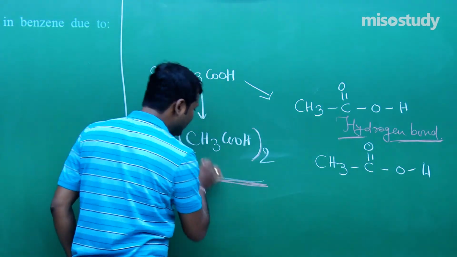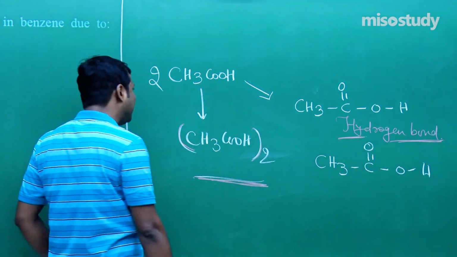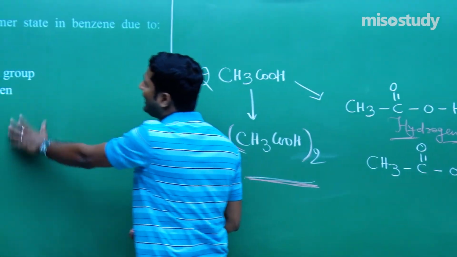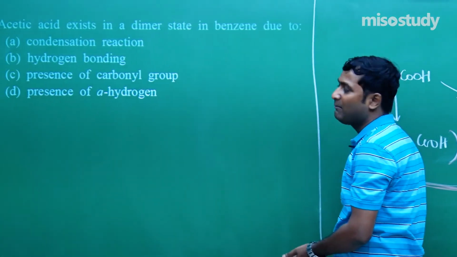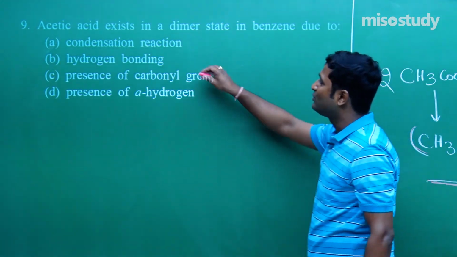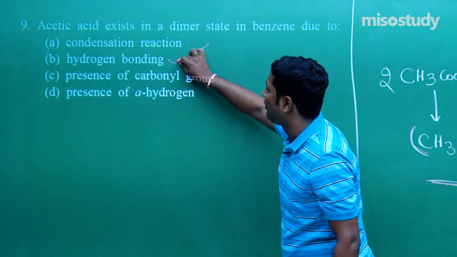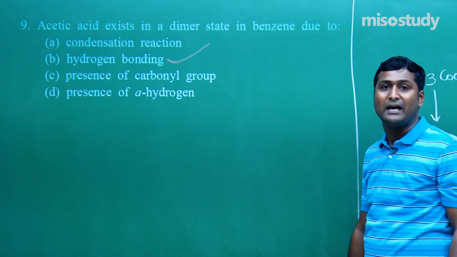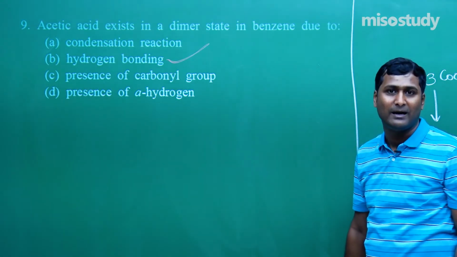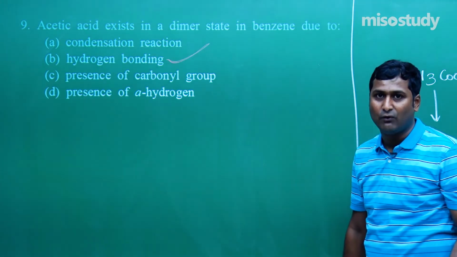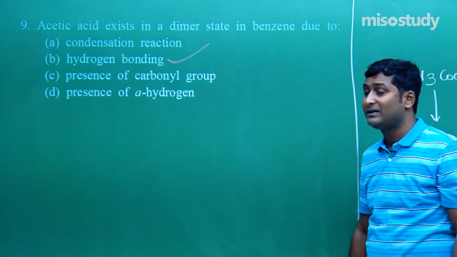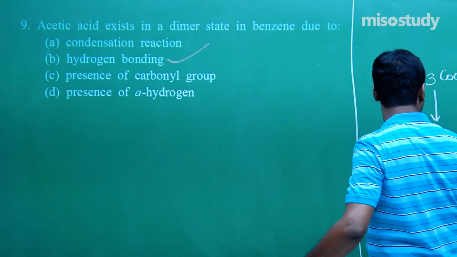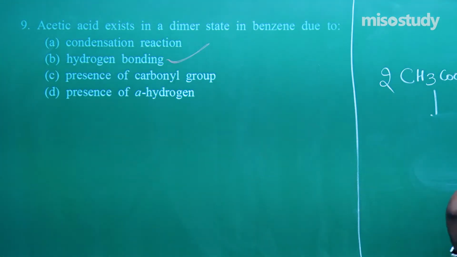So for question number 9, why does acetic acid exist in a dimer state? Due to hydrogen bonding, the link between hydrogen and the most electronegative atom forms a hydrogen bond. So for question number 9, B is the correct option. Now friend, I'm going to wrap this part and we'll discuss the next segment.